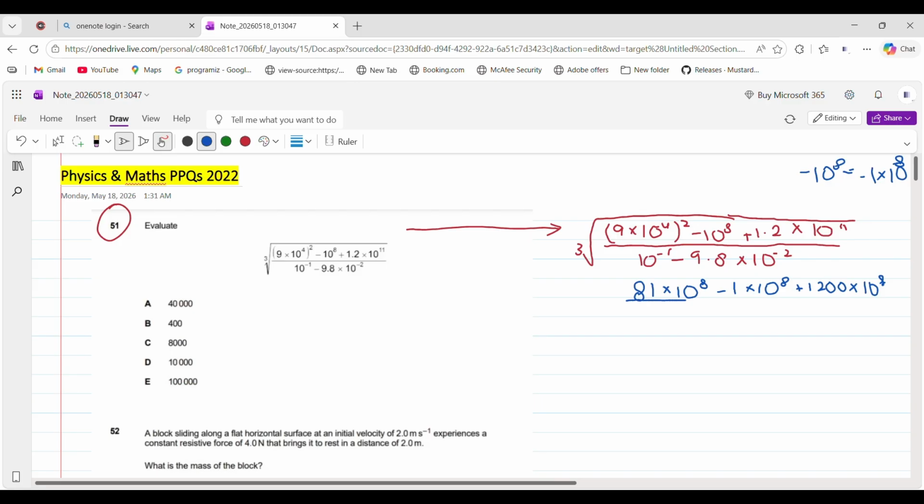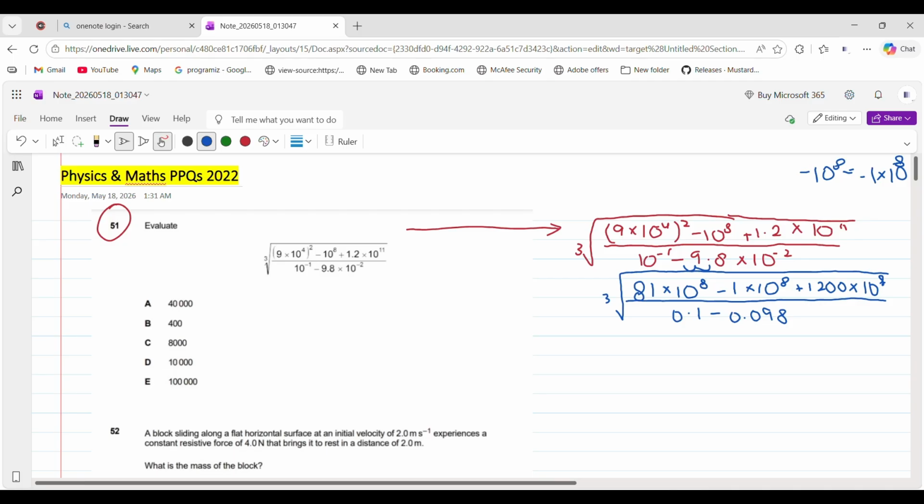In the denominator we have 10 power minus 1 equals 0.1. Okay, and minus, if I move this point 2 times to the left side, it would be 0.098, right? And all these things are under cube root, of course. Now let's solve it further.